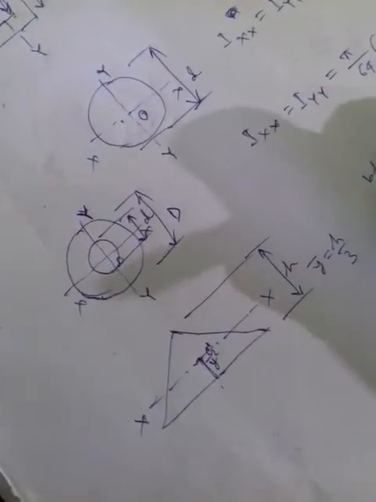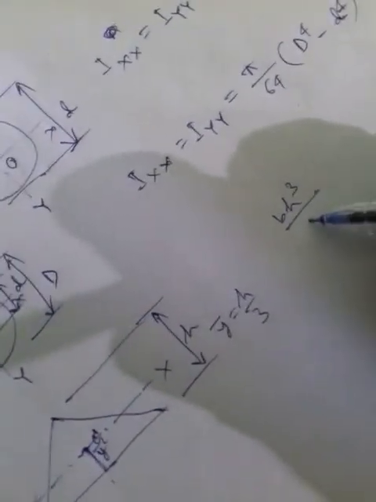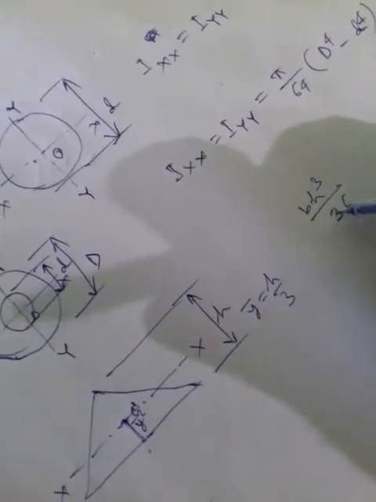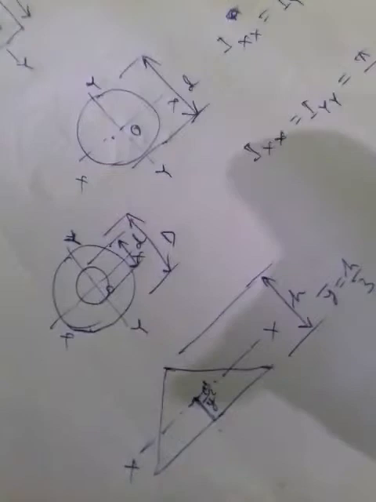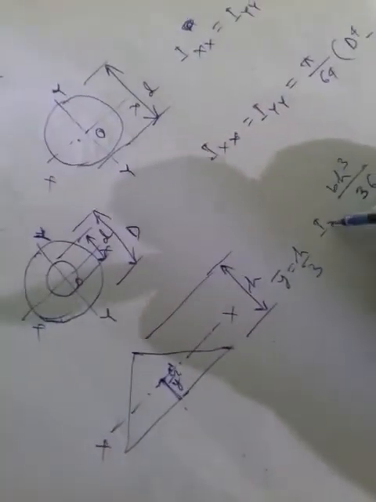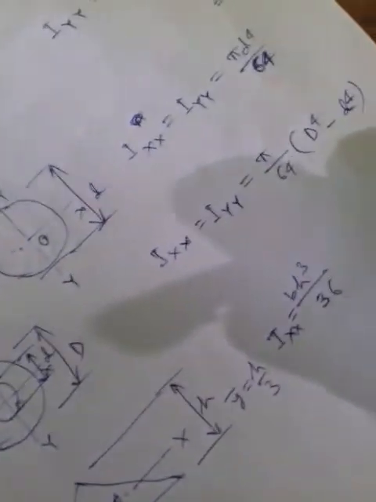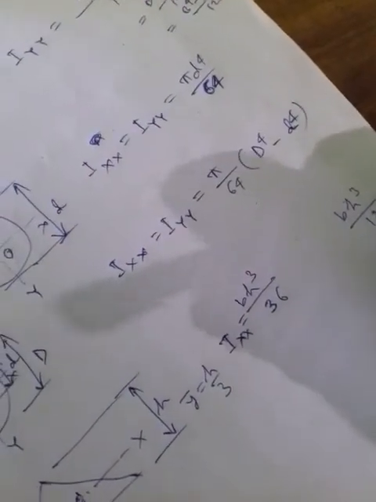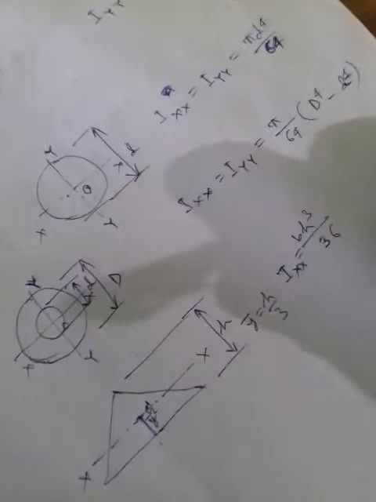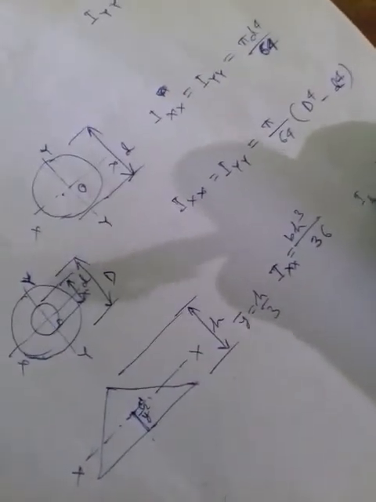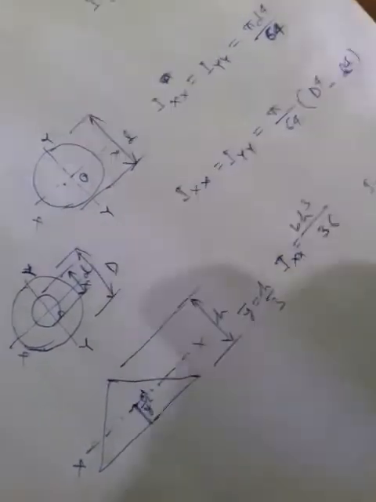In this case, the formula will be b h cubed by 36 for Ixx, that is the moment of inertia about the xx axis, and the moment of inertia about any other axis will be b h cubed by 12. You have to remember it. For any other axis, we may call it IAB.